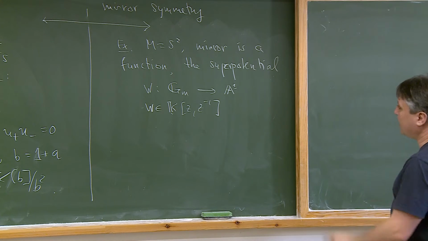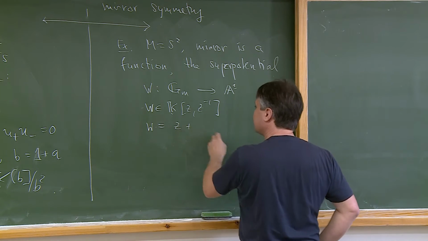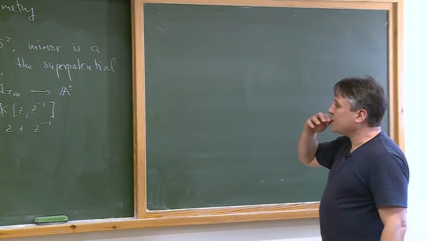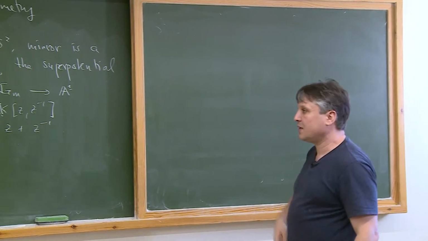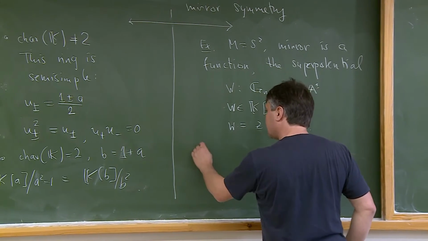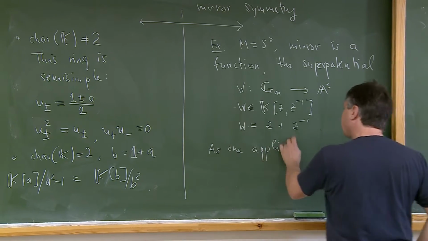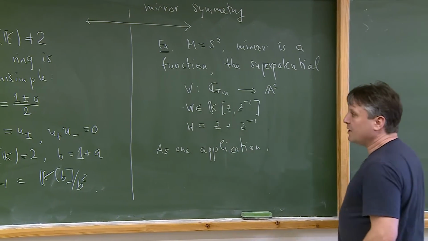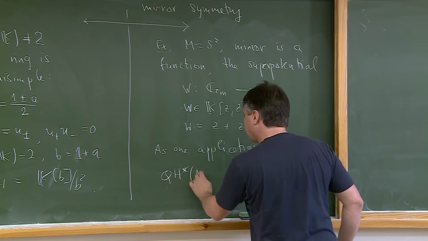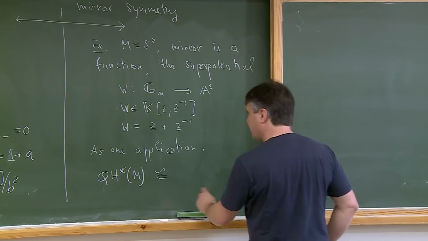Okay. And it's very simple. W equals c plus c inverse. Okay. So as one application, the quantum homology is isomorphic to the Milnor ring.